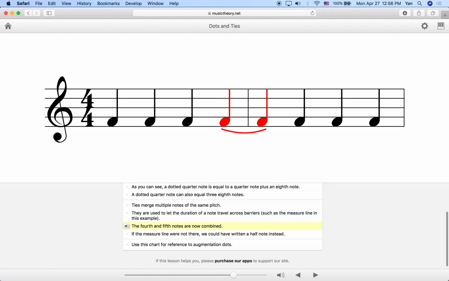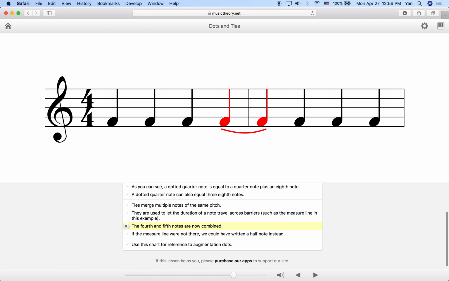And if I were to sing this, if there was no tie, it would sound like this. Ta, ta, ta, ta, ta, ta, ta, ta. But with the tie, now I will keep the click with my clapping, and with my voice, you will see that I'm connecting them into a half note.